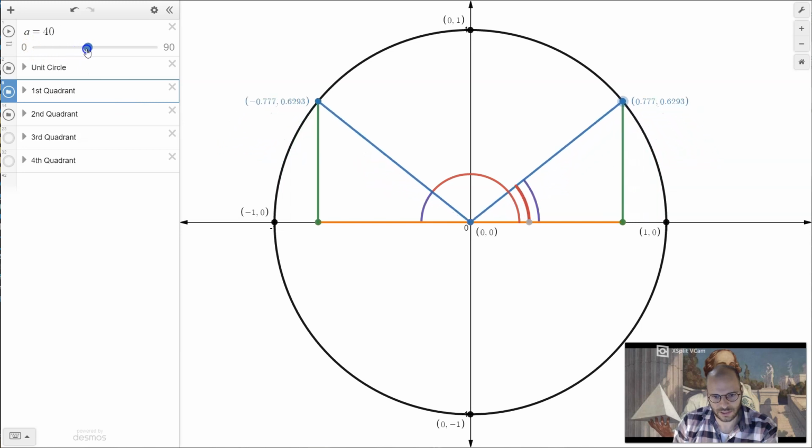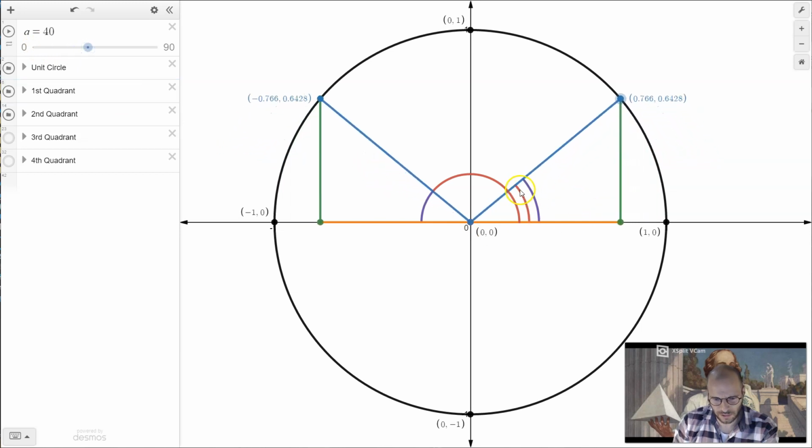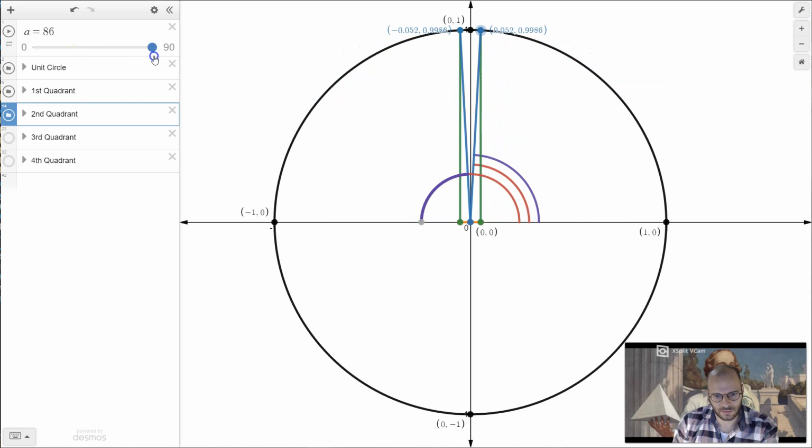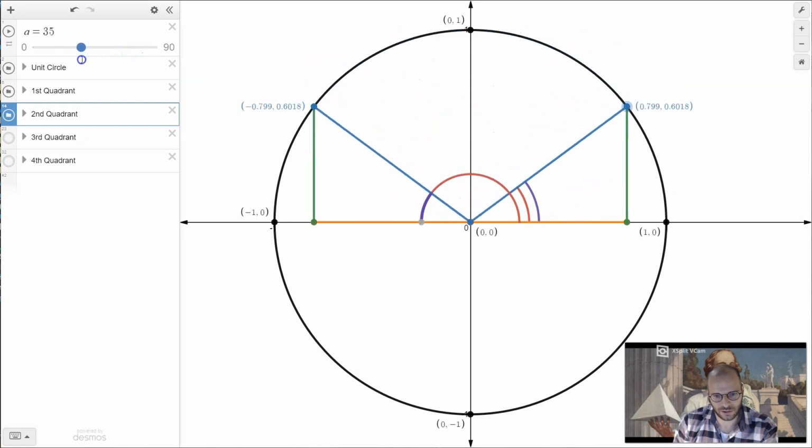The reason for this is that the value of theta here is the same as this interior angle, phi, of the triangle in the second quadrant. And secondly, you see that there's symmetry about the y-axis here. So that's the second quadrant.